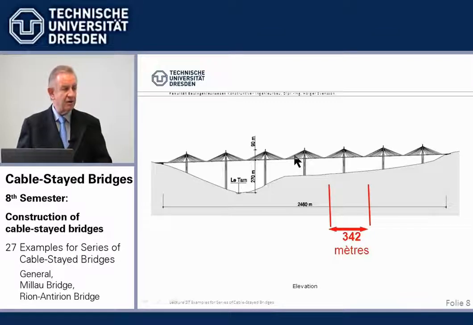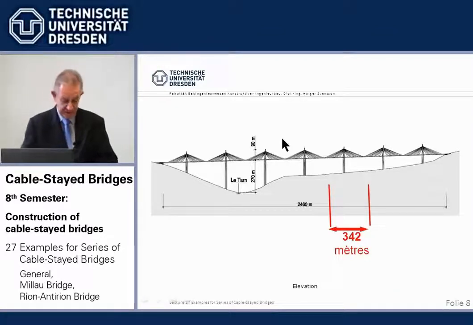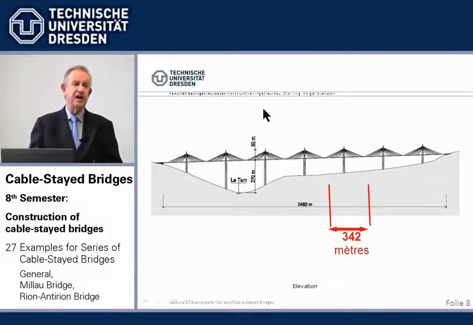So that's the compromise. It's interesting to note that the original design was a concrete cable-stayed bridge done by the famous German engineer Helmut Homberg.